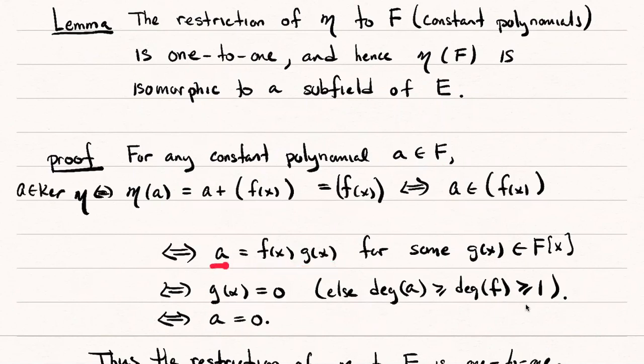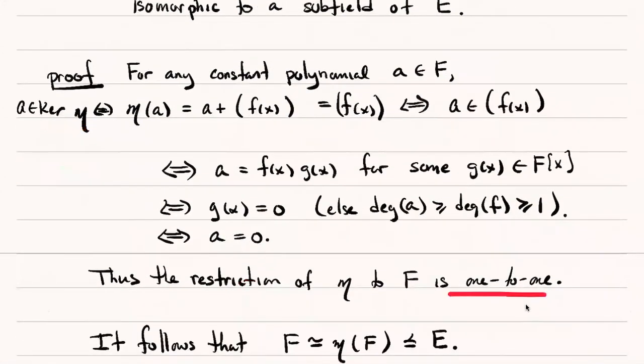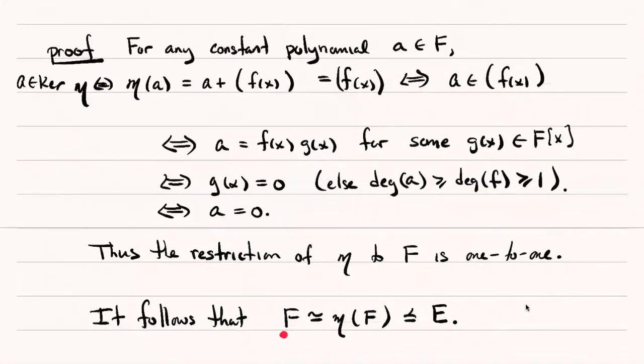But the degree of this side is 0. So the only way out is if g and a are 0. So eta is one-to-one. If it's a one-to-one map, it's onto its image, and it's a ring homomorphism. That proves the lemma. F is isomorphic to eta of F, which is a subfield of E.